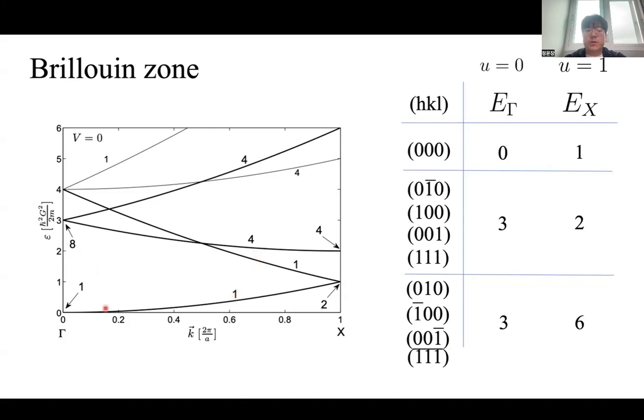So this 1 means this is a single band that has no other bands with the same energy. This means I have four bands here that have the same energy, which is consistent with what we just calculated here. And again, here I have four bands that have the same energies, following these lattice vectors here.